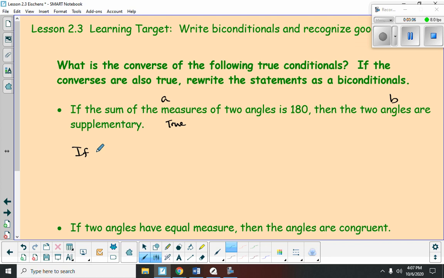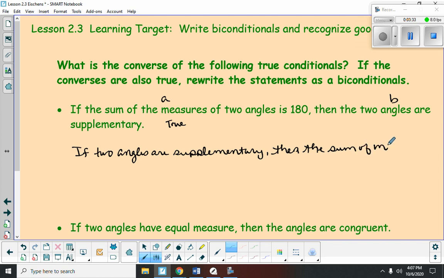So if two angles are supplementary, then the sum of the measures of the angles is 180.